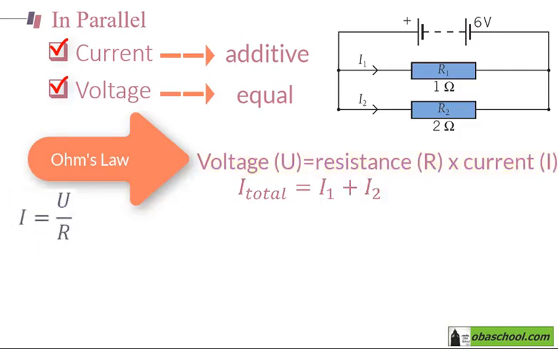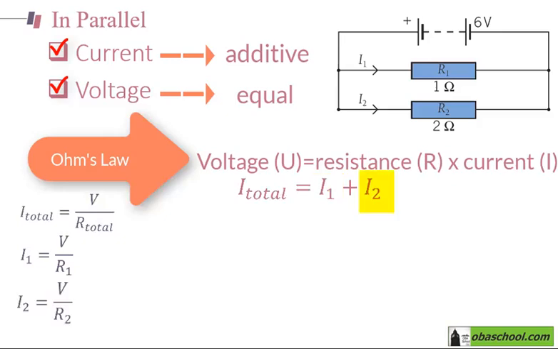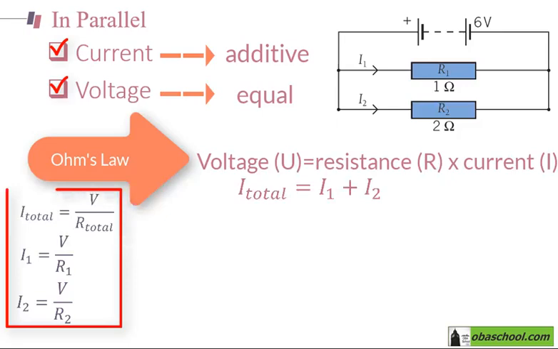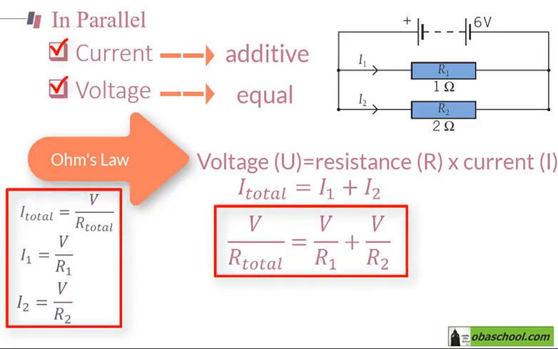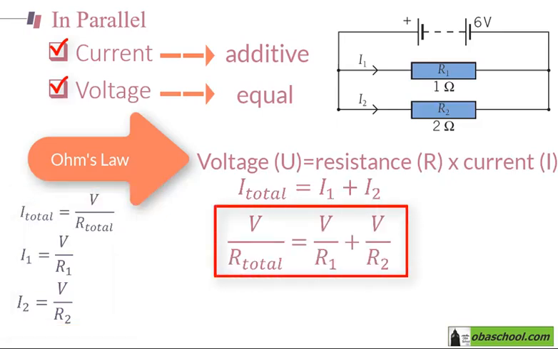So let's replace each term by its expression. I total is equal to V total divided by R total, which is the total resistance. I1 is equal to the voltage divided by R1, and I2 is equal to the voltage divided by R2. Replacing them, the equation will be V divided by R total is equal to V divided by R1 plus V divided by R2.